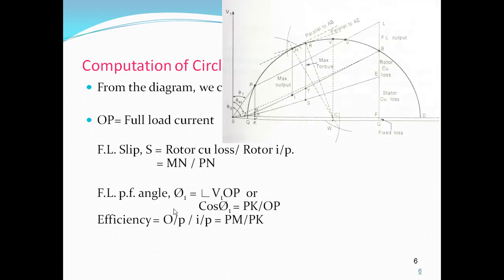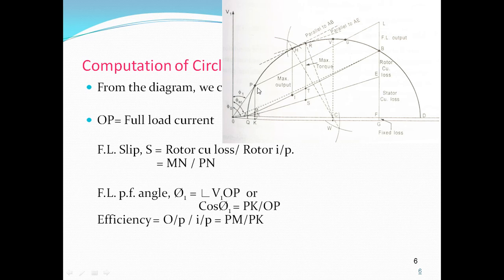In the graph sheet, see here, this OP represents the full load current, and slip S is equal to MN by PN.